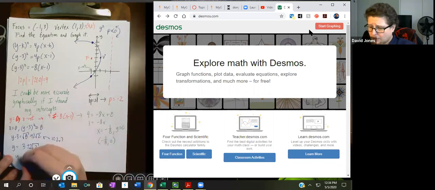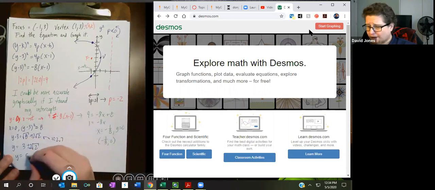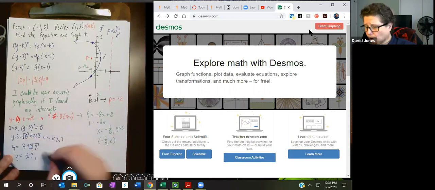So I get y equals 3 plus 2.7 is about 5.7, or subtracted about 0.3.